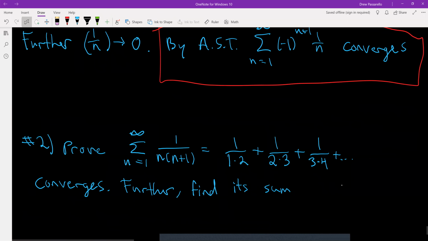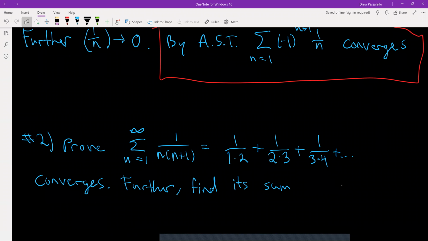Now here's another example. To prove the series sum of 1 over n times n plus 1 converges. Further, it's possible to find the sum.